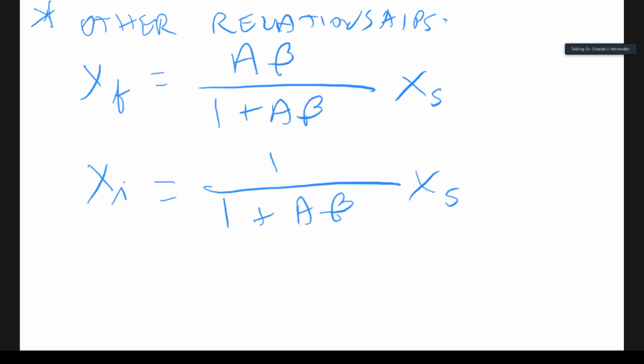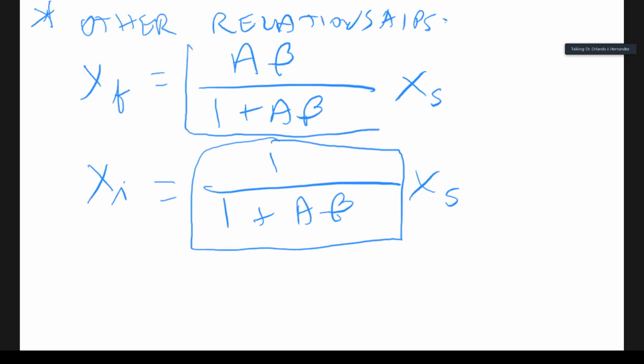These are useful relationships, and these fractions are actually transfer functions. So let's talk a little bit more about the loop gain and some of its characteristics.